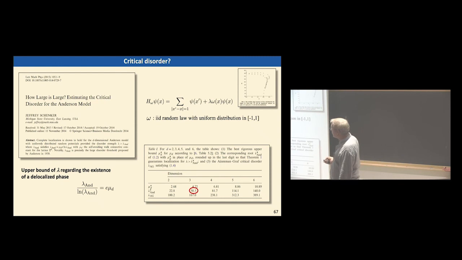Just a word to say that even in Anderson's 1958 paper, there was a prediction of the critical disorder at which you would have full localization. He was giving an upper bound of this critical disorder. You have this equation in the paper, on page 10.